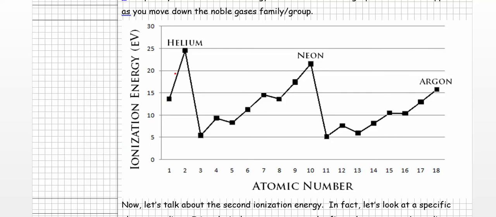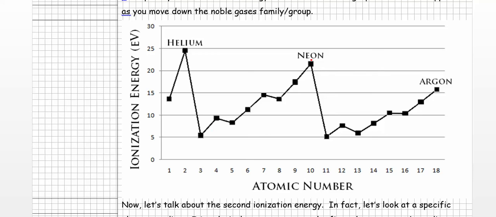As we go from hydrogen to helium to lithium to beryllium and so forth, in a particular period, let's go from 3 to 10, that's lithium to neon, the ionization energy is increasing.